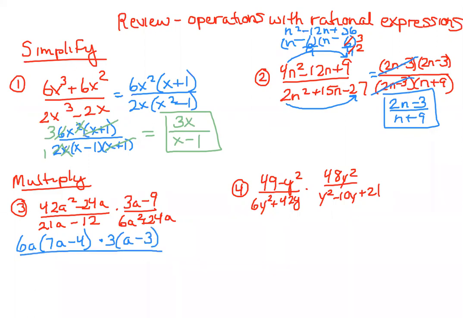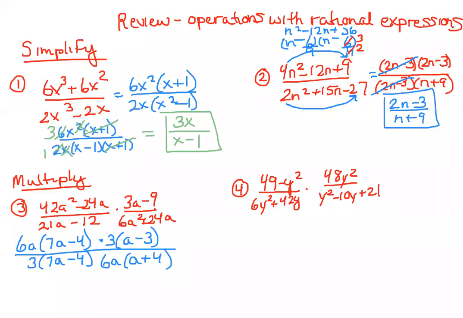In the denominator here, we can factor out a 3, and we're left with 7a minus 4. And down here, we can factor out a 6a, and we're left with, oh my goodness. We're taking a 6a out, so we're left with a plus 4. All right. Yep.